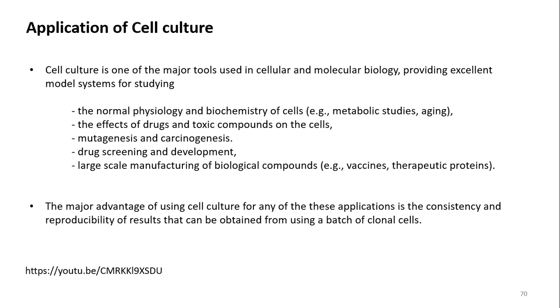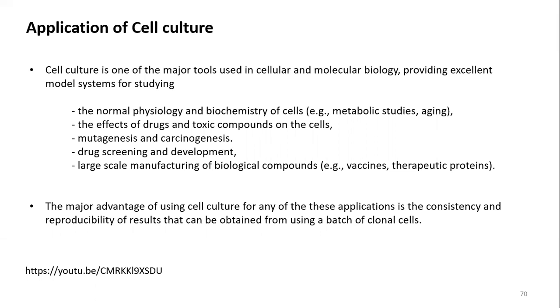It provides an excellent model system for studying the normal physiology or biochemistry of cells, like metabolic studies and aging, and you can use specific cells to investigate specific molecular events. For example, you can isolate cardiac cells from the cardiac tissue of a mouse and grow them as a primary cell culture, and that cell can be used to study the signaling or molecular function of any genes that have an effect on cardiac activity.